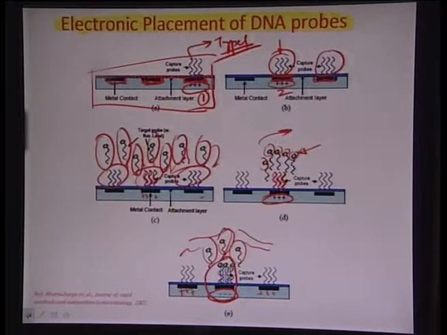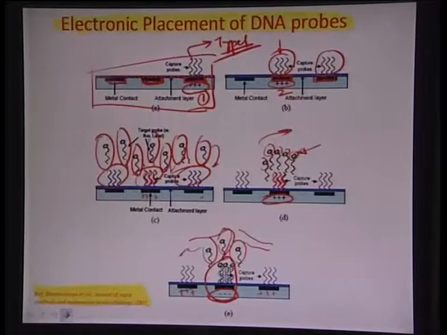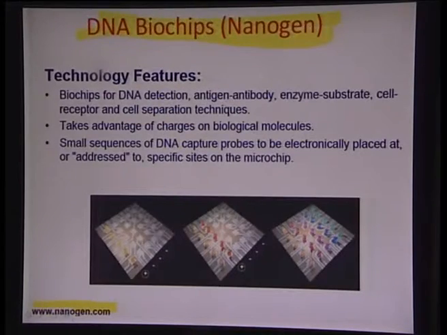Similarly, this particular example has been borrowed from the cited reference here, one of my own earlier papers, a review of these kinds of systems. Essentially, in the Nanogen approach, the chief technology features are the following: biochips for DNA detection, antigen antibody, enzyme substrate, cell receptor, and cell separation techniques. All these kinds of chips are available.